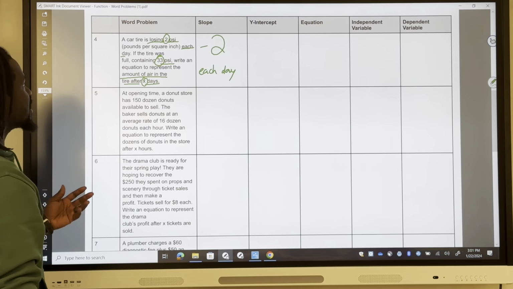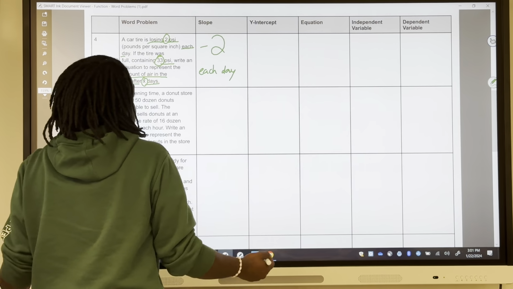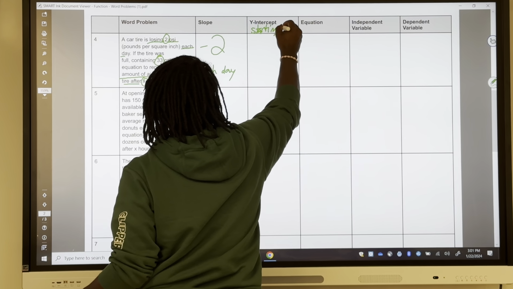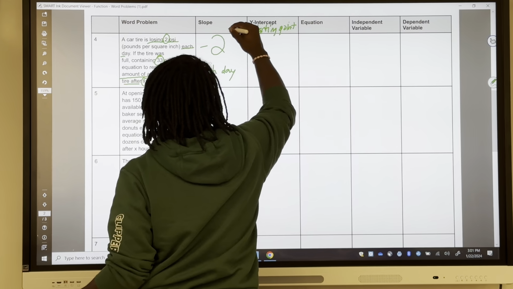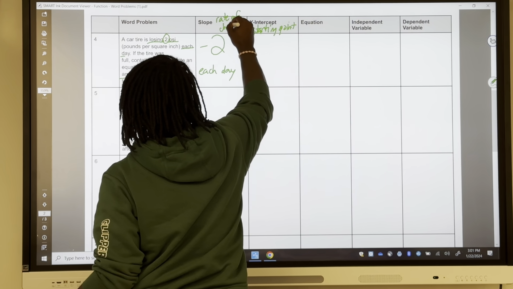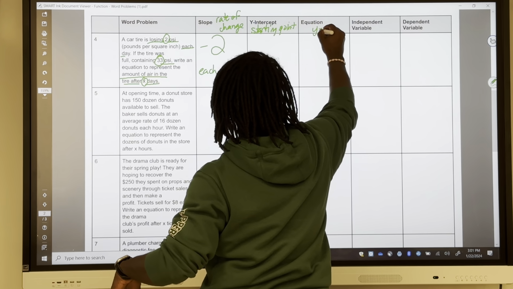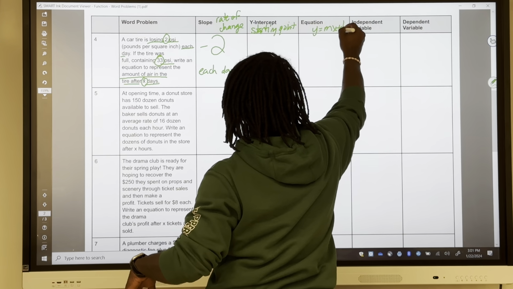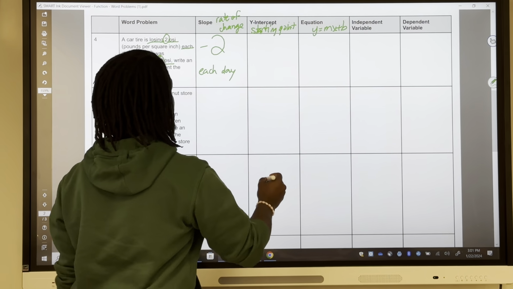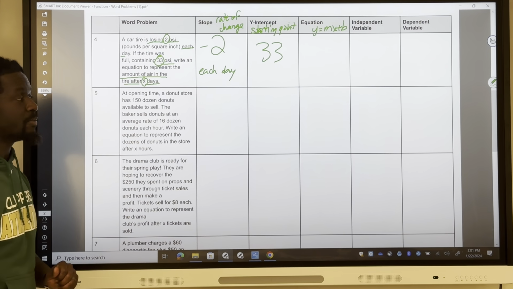Okay. Now, the y-intercept. How much did it start with, right? Again, think y-intercept is kind of the starting point. Okay. Slope is the rate of change. Right? And then just a reminder is y equals mx plus b. Starting point is the 33. So it was full and it had 33 psi.